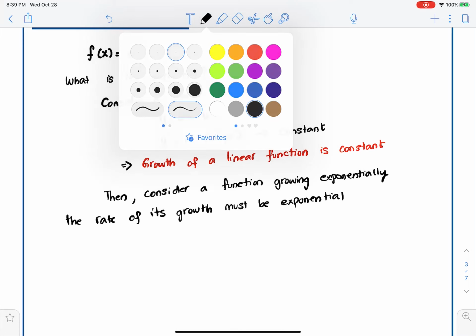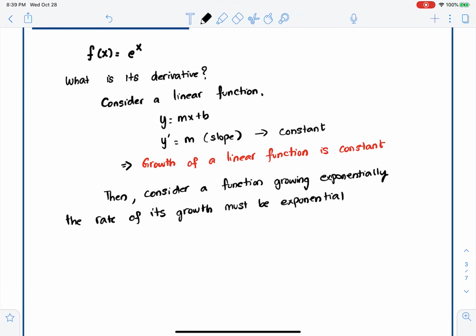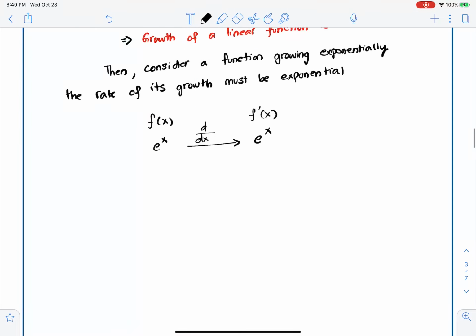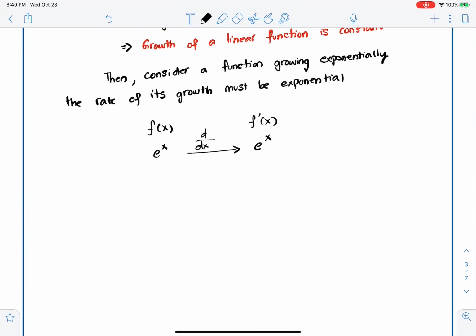In other words, the growth of an exponential function must be exponential. In other words, the rate at which it grows must also be exponential. So if we have e raised x here, there has to be an exponent over there also when we find the derivative. So, in short, the derivative of an exponential function is the same exponential function. The derivative of e raised x is e raised x.